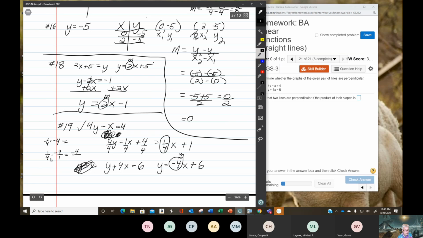Multiply the bottoms of the fractions together, that'll give you 4. -4 divided by 4 is -1. So yes, these lines are perpendicular. They're perps. How about that? They're perpendicular to each other.